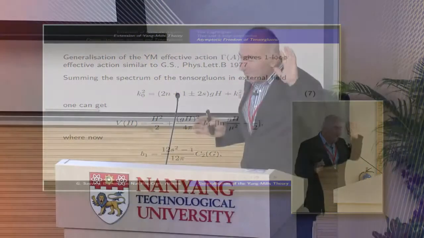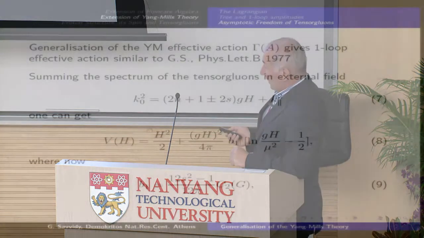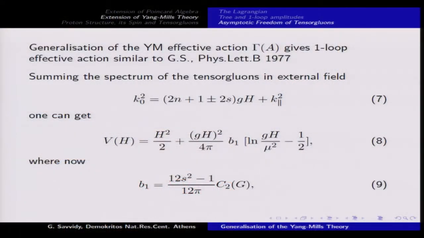One is from a completely different region, the DGLAP equation and so on, and the other is a pure field theoretical calculation. In any case, I was very happy that both results coincide.